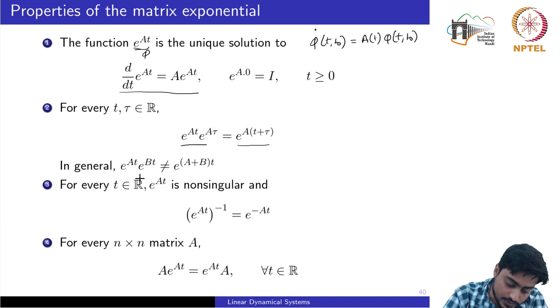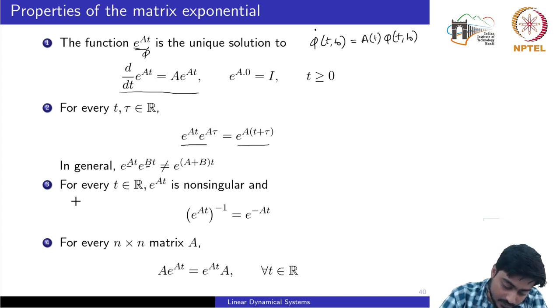We should also remember that if I am computing the multiplication of two matrix exponentials at the same time but with different matrices, this is not equal to the matrix exponential of the summation. This is equal only if A, B are scalars. Right, here we have A, B as matrices.